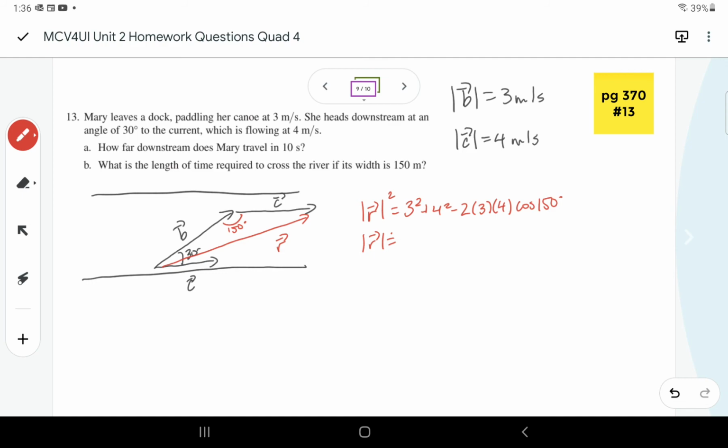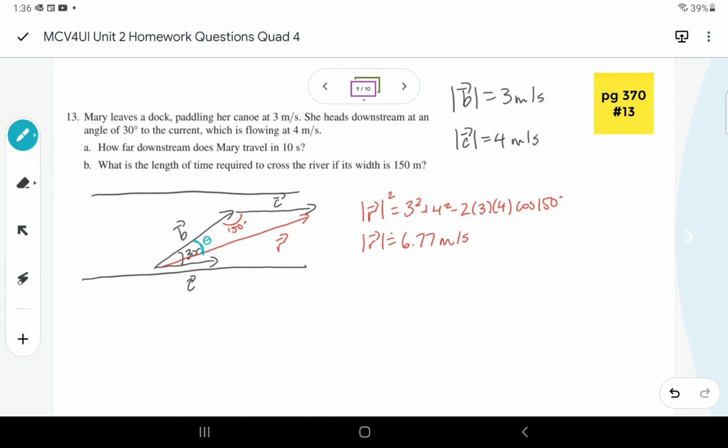So that comes to 6.77 meters per second. And then I'm also going to want to figure out my angle, like what angle in there is this going to be?